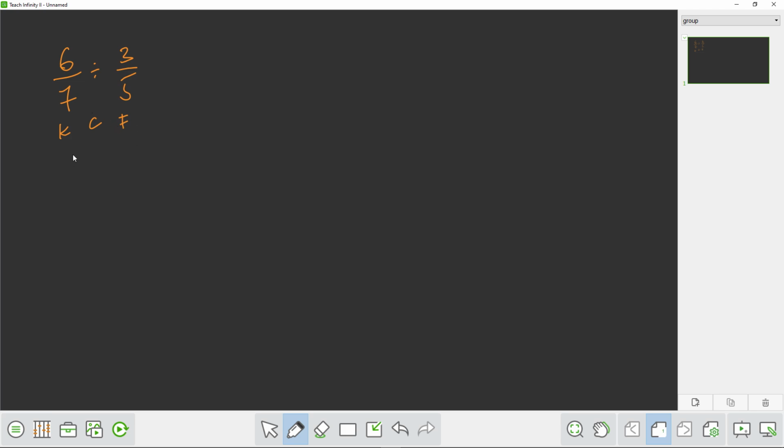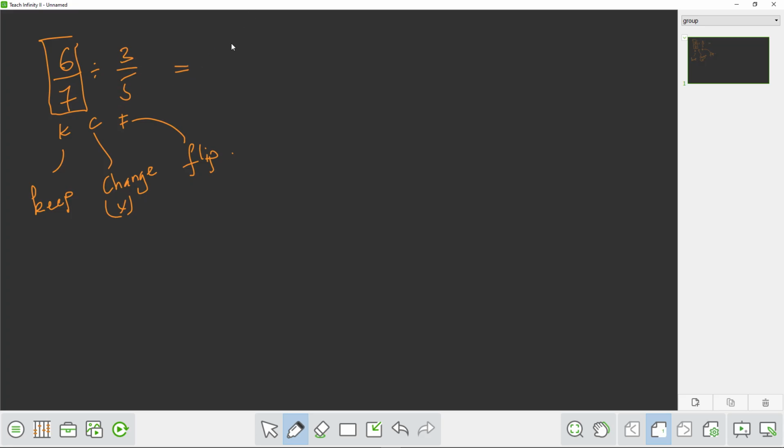What does it mean, KCF? It means keep, change to multiplication, and this one, flip. What does it mean, keep, change, flip? You keep this one, you change the division into multiplication, and you flip this fraction.